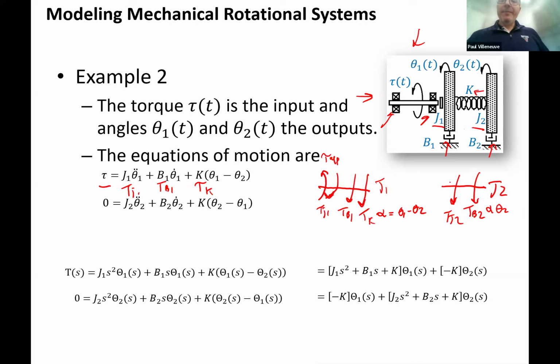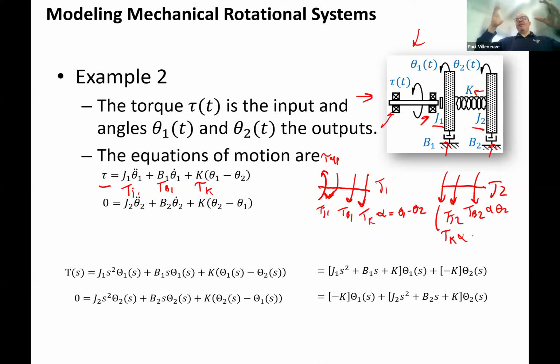Now I've got a spring. Let me put my TK over here. What would that be proportional to? It's theta 2 minus theta 1. The reason is that if theta 2 is spinning faster than theta 1, the torque is going to be in the opposite direction.